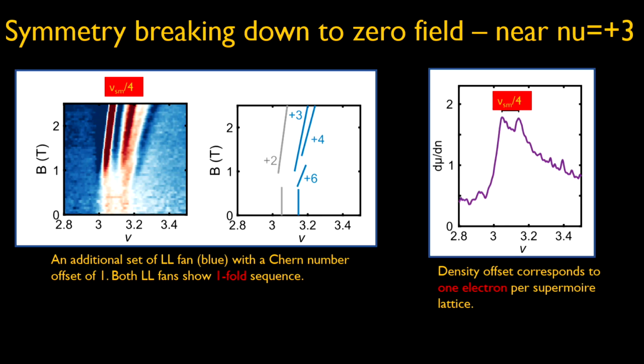Looking at the Landau level degeneracy of this supermoire, again, we see a 1-fold degeneracy, indicating again that we have full flavor symmetry breaking on the supermoire lattice, and again, incompressibility comparable on the moire and the supermoire. So somehow interactions on the supermoire scale are as strong as those on the moire scale.